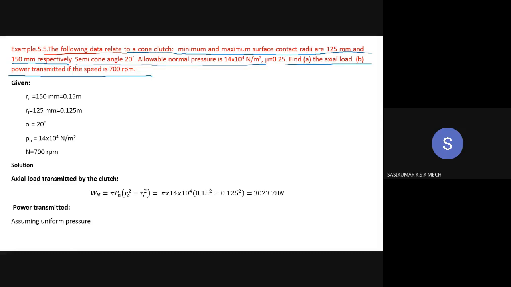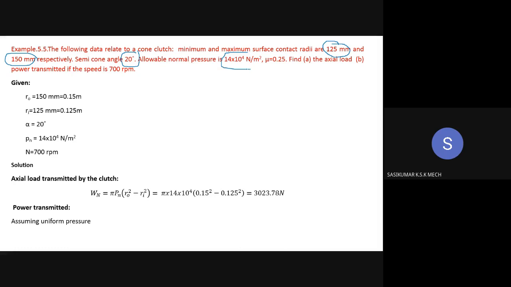Okay, so it is running at 700 rpm, and as usual, you must look for numerical values in a given problem. This is what we are always seeing: 125 mm, 150 mm, 20 degree, 14 into 10 power of 4 Newton per mm square, 0.25, 700 rpm.